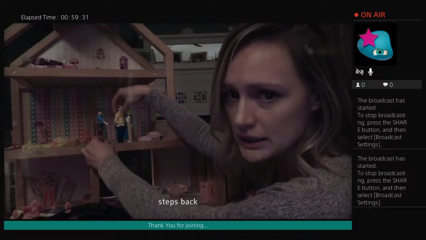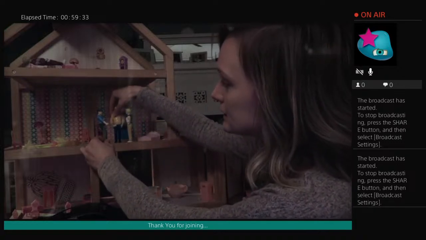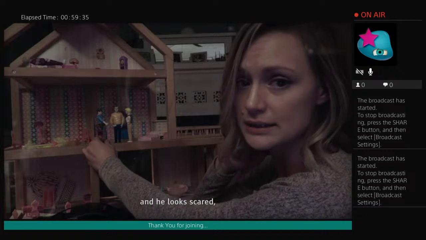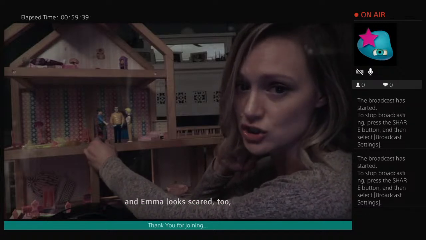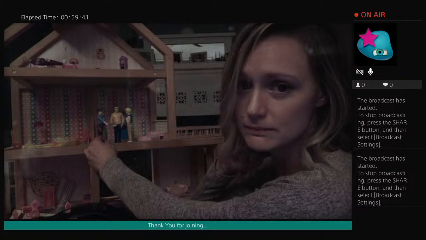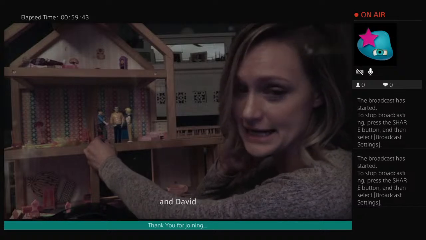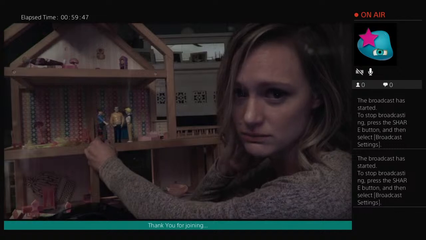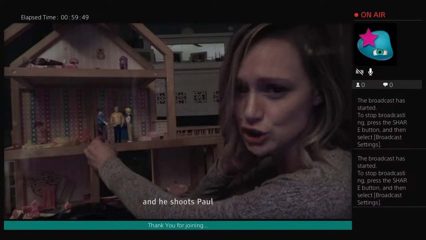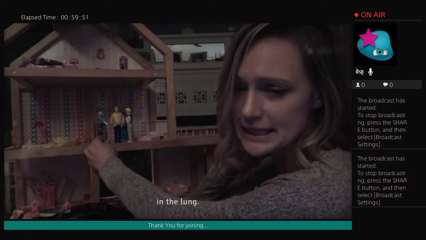Paul steps back and he looks scared. And Emma looks scared too. And David fires his pistol and he shoots Paul in the lung.